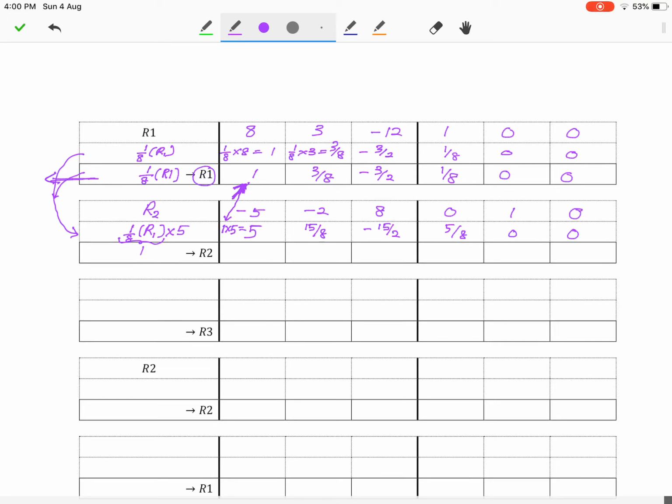So what we did just now: negative 5, I'm going to plus 5 to get 0.